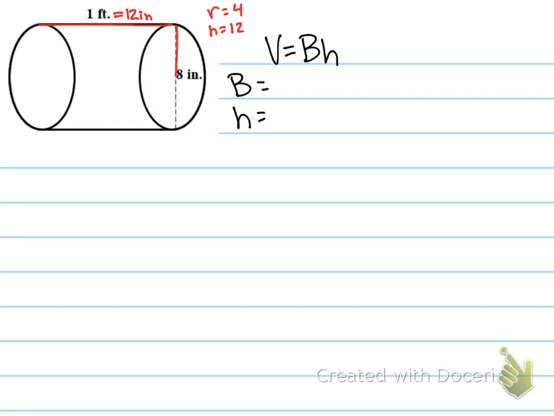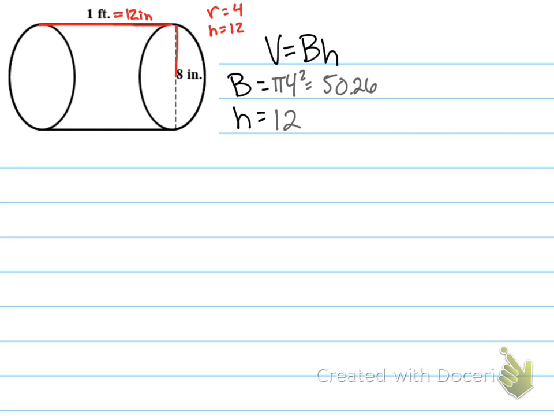Okay. So let's use those to find our area of the base and our height. So we have pi 4 squared for area of a circle. And so that will be 50.26, and the height of our cylinder, so the distance between those two circles, is going to be 12 inches.